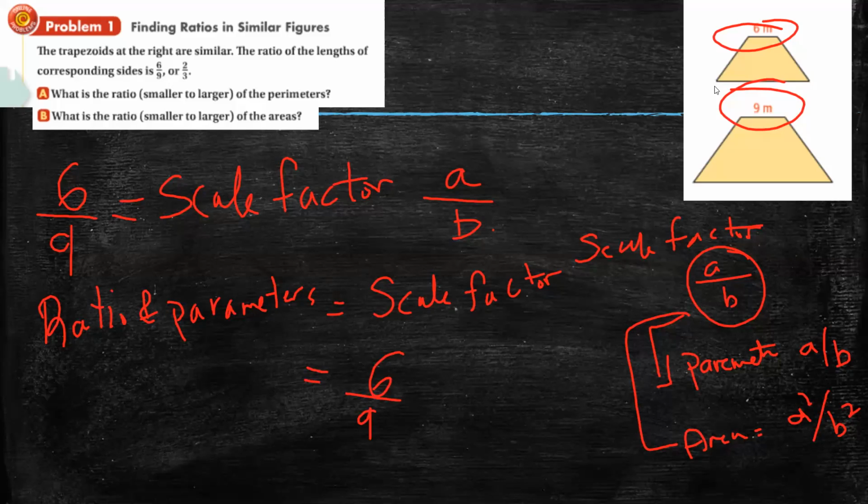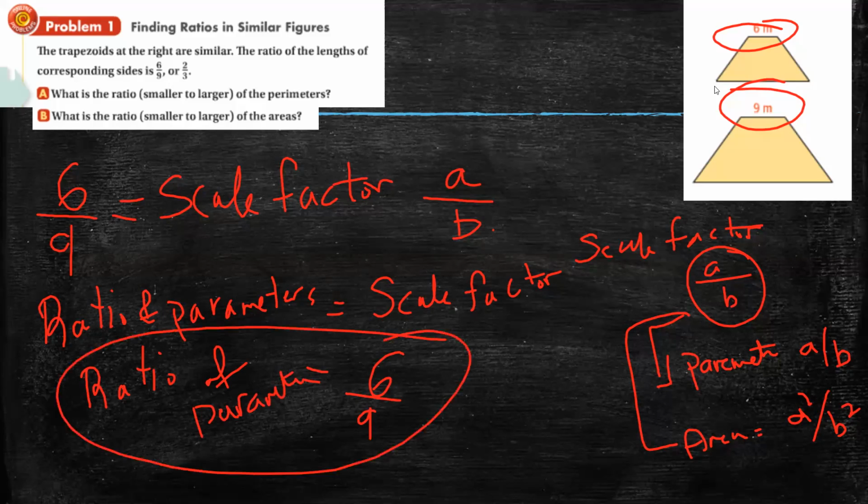So I will say now the ratio of the parameter is 6 over 9. And for the area is 6 squared over 9. Wait, this is for the parameter. It is 6 over 9.